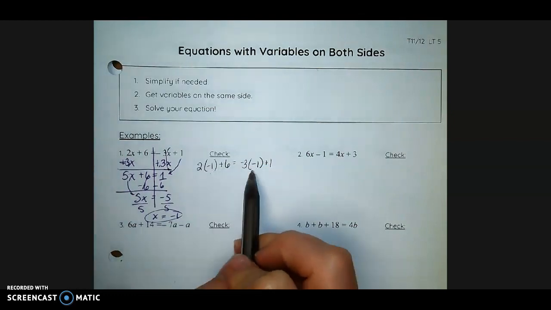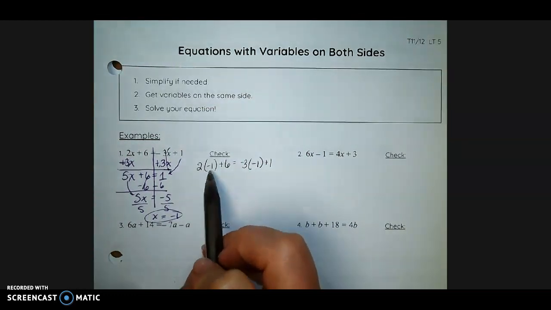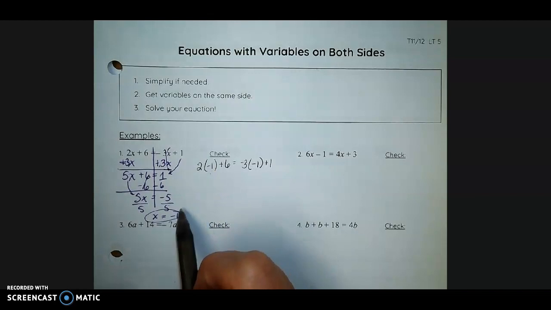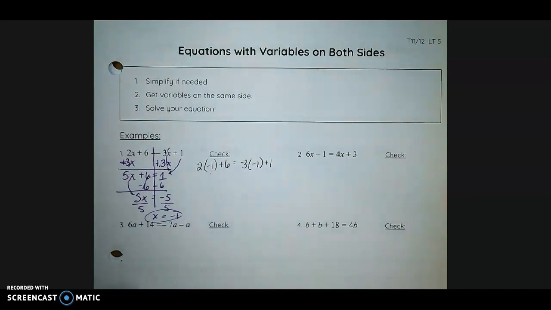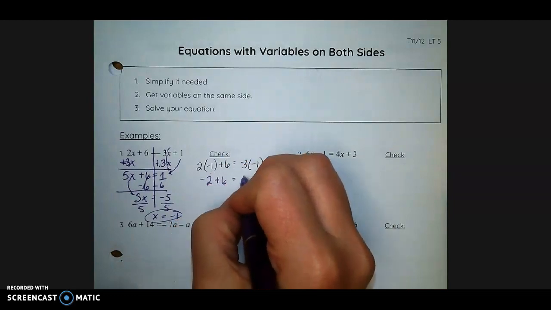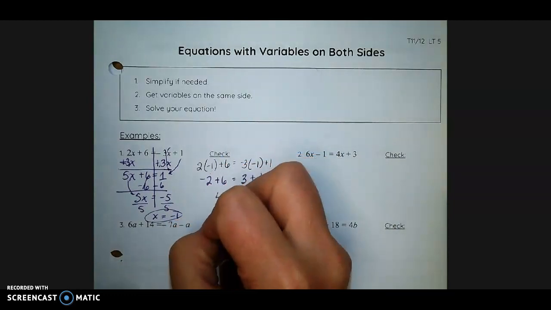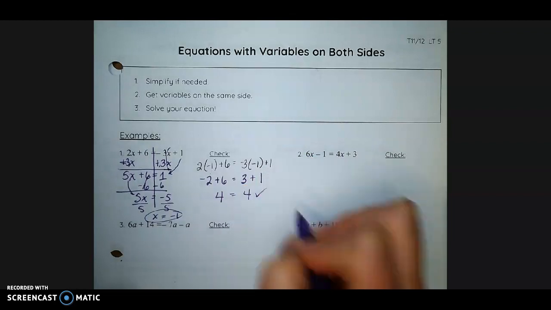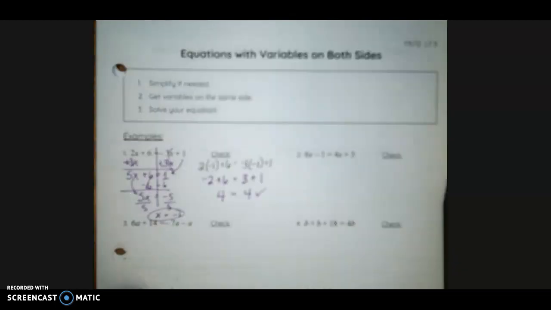That was where the x was in our original equation, and that's where I've put in what I think x is equal to. And my answer checks out.